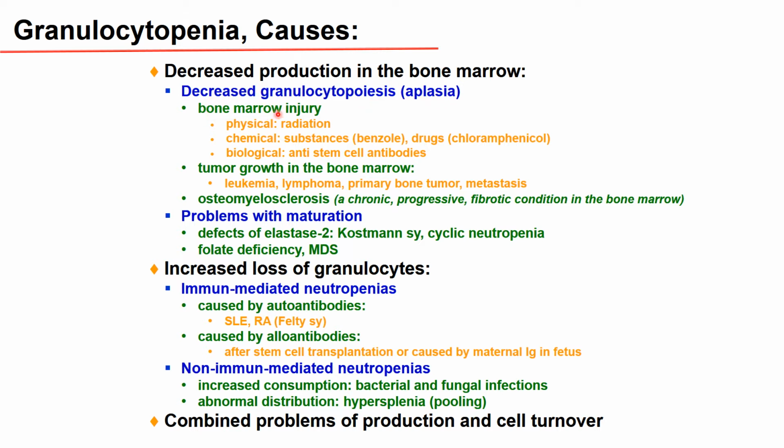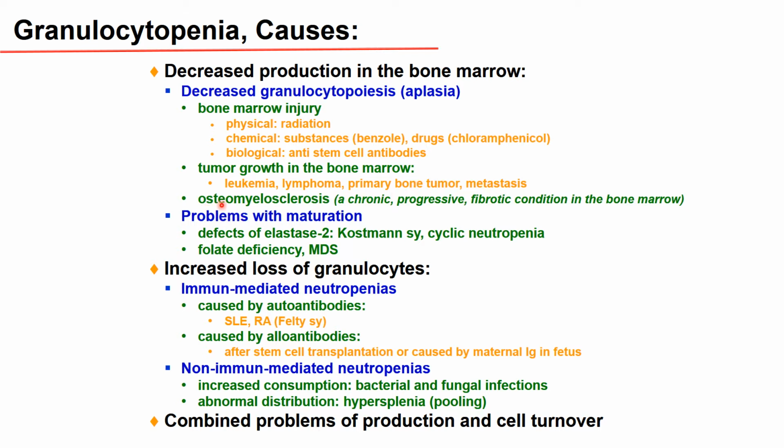If we do have a bone marrow injury that could be caused by, for example, radiation or chemicals, benzol or chloramphenicol, an antibiotic, or anti-stem cell antibodies, or tumor growth in the bone marrow as a space-occupying feature that can cause a decrease of the certain normal clone in the bone marrow. That's happening in leukemia, lymphoma, or primary bone tumor or metastasis.